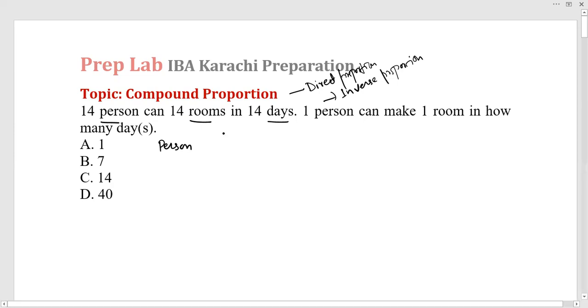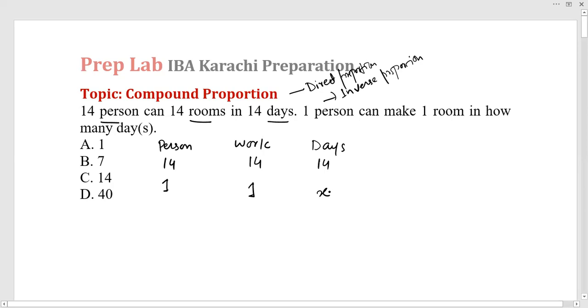So 14 rooms is the work, and this is days. 14 persons can make 14 rooms in 14 days, then one person can make one room in how many days? So this is the unknown.